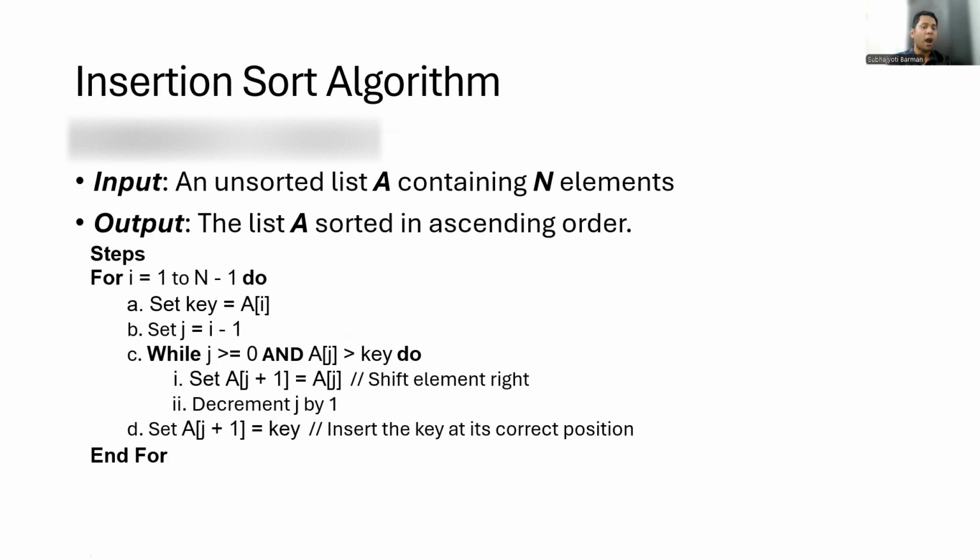If i points to the first element in my unsorted subarray, the sorted subarray must end at i minus 1. So that's why we set the value of j as i minus 1. Now we will iterate from right hand side to left hand side in my sorted subarray.